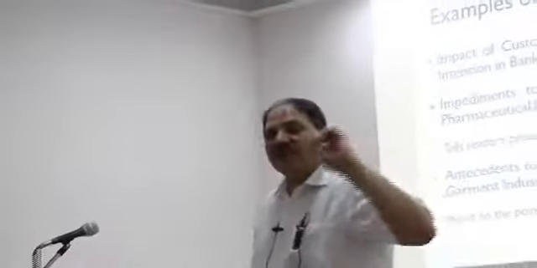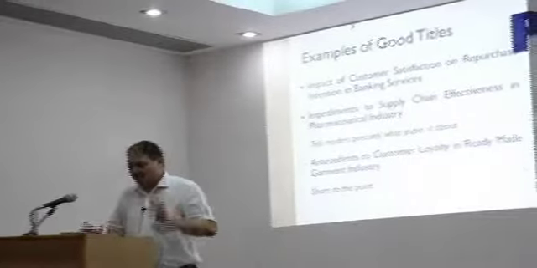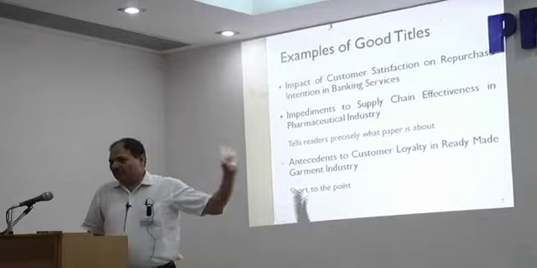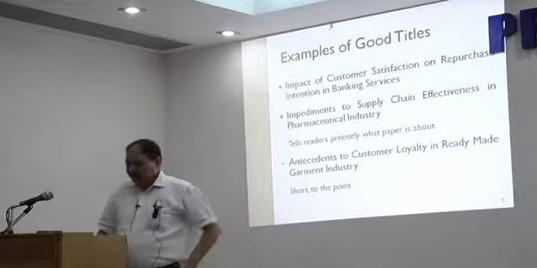Don't put it in your title, because once you put it in your title and later realize that you could have collected data from many other places other than Gwalior, you can't do that. So never put the area limitation in the title, so that you have that flexibility and it indicates everything, right?